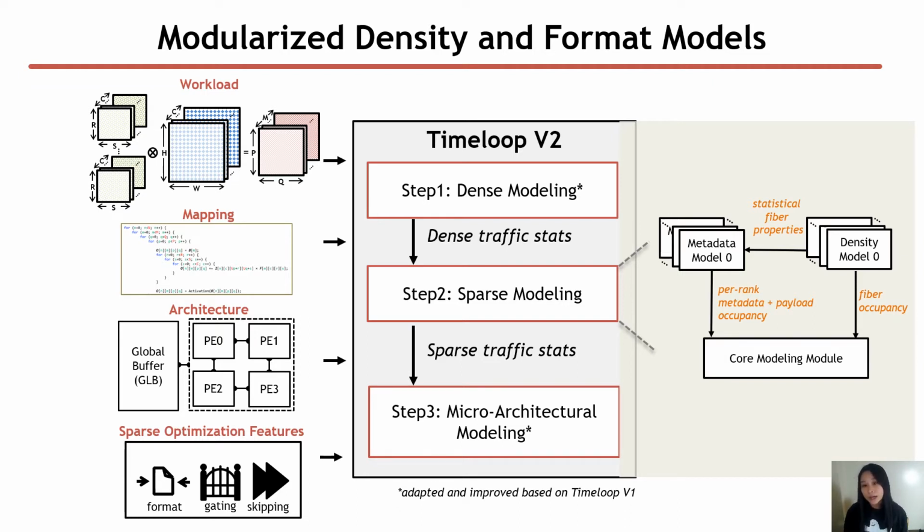So if you have some new format model, or if you're interested in some new density model, it will very likely be easy for you to integrate your model into our infrastructure, because of the modular implementation that we currently have.